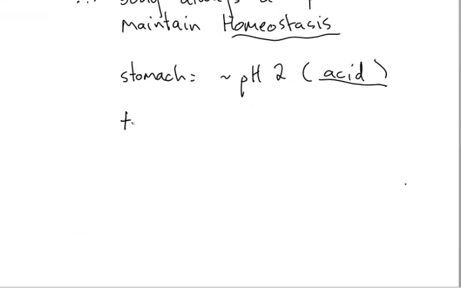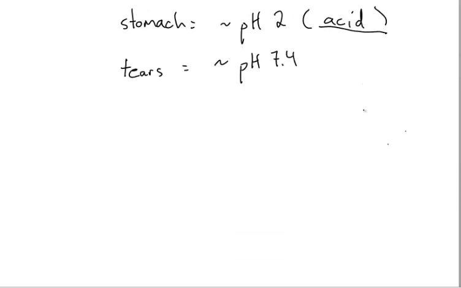Our tears, approximately pH 7.4. You mess with that pH, in particular getting soap in your eyes and turning it basic really stings. Saliva, well, unless you've been eating something funny, your taste in your mouth should neither be basic or acidic.